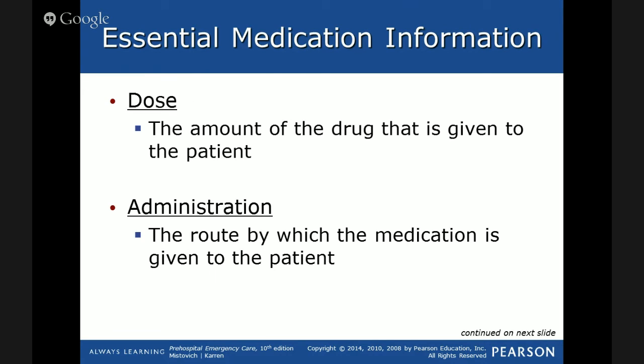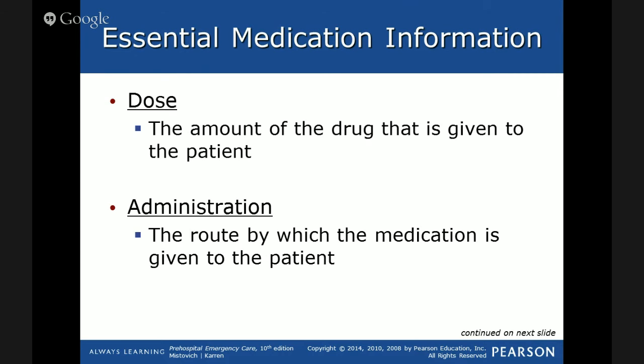So the dose, we need to know how much we are going to give. Some of them are just flat out, we give a certain dose. Some of them are weight-based, so we give so much per kilogram of the patient's body weight. But you have to know what it is that you're going to give. For nitroglycerin, the dose is 0.4 milligrams per tablet.